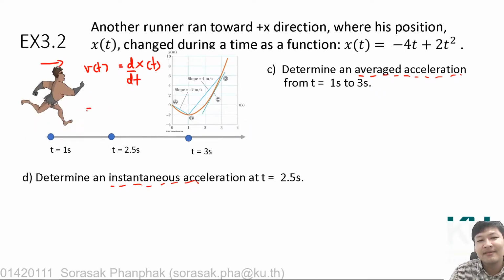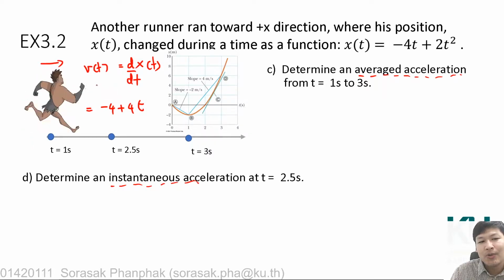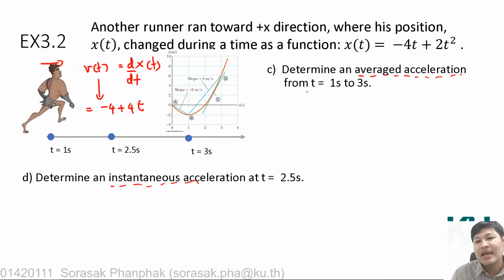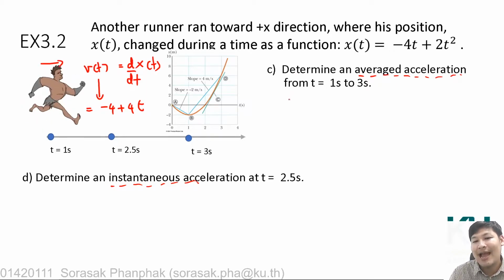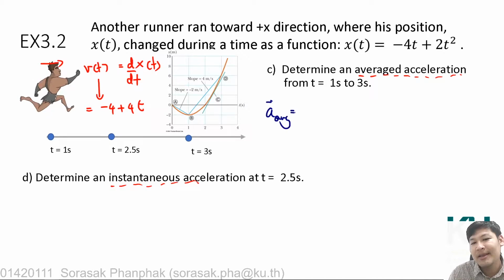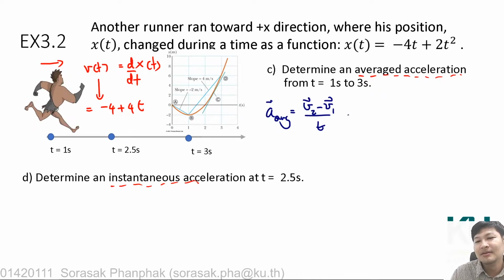When you differentiate this, you get v(t) equals minus 4 plus 4t. If you would like to find the average acceleration, a average is v2 minus v1 divided by t, so you have to find v1 and v2 as well.